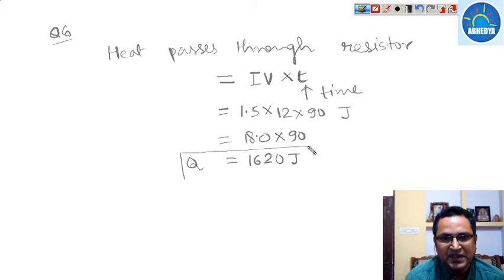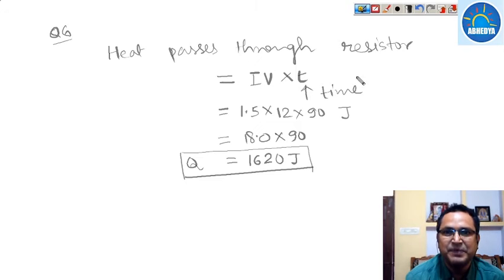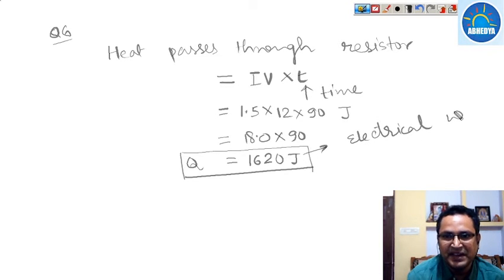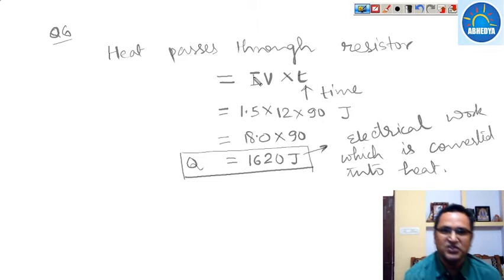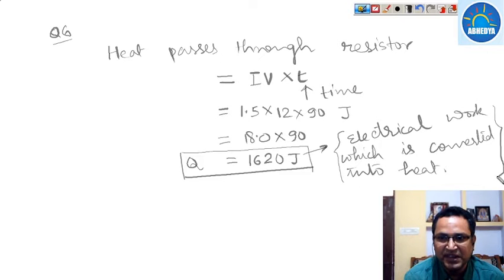So how much amount of heat is being passed through this one? Basically this heat passes as a form of electrical work, which is converted into heat. So this question I have selected just so you can find how the electrical work has to be calculated.